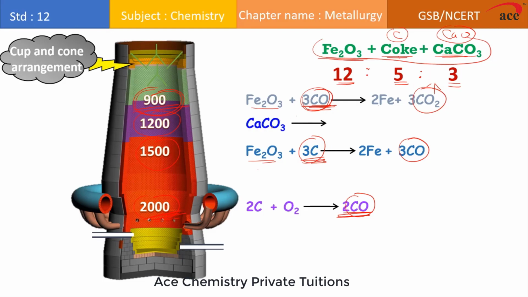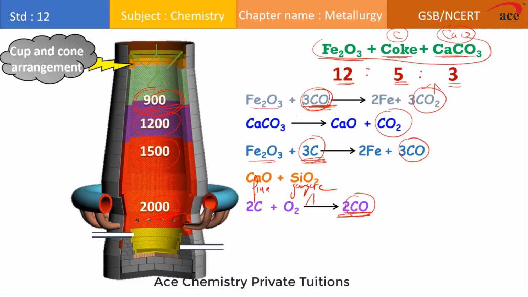There is a thermal decomposition of calcium carbonate and it produces calcium oxide and carbon dioxide gas. This calcium oxide acts as flux, and this flux combines with the gangue which is present in the metal compounds.